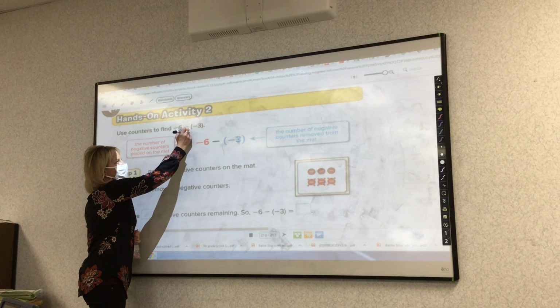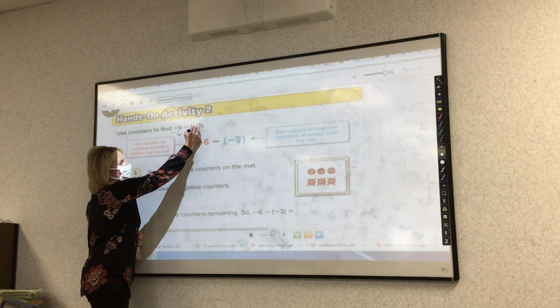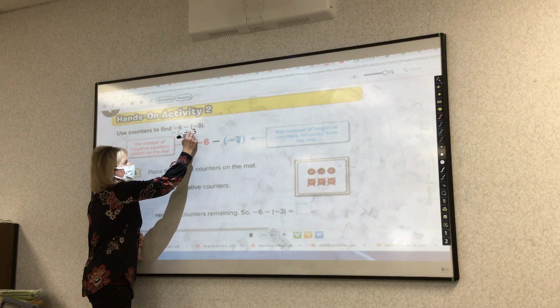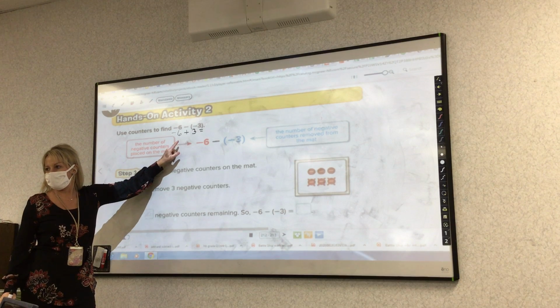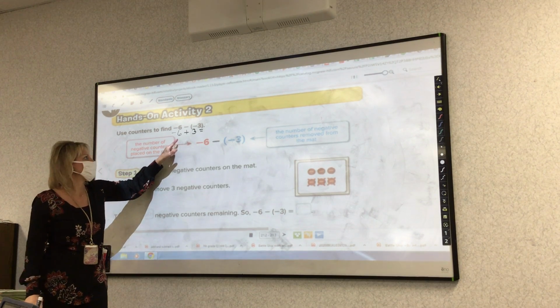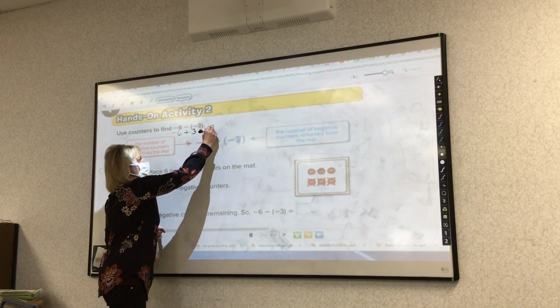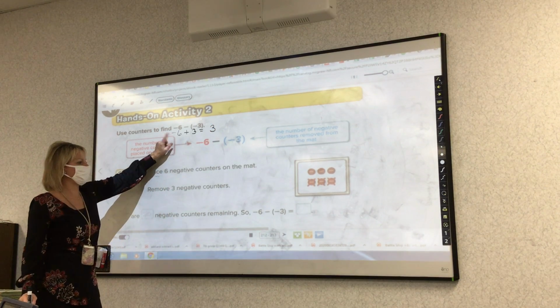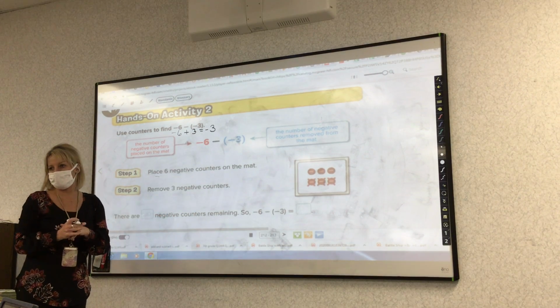A -6, change the subtraction to an addition, change the -3 to a +3, and then if I have a negative and a positive, I am going to subtract. 6 minus 3 is 3, and I'm going to keep the sign of the bigger number. So far we think that's going to be my answer.